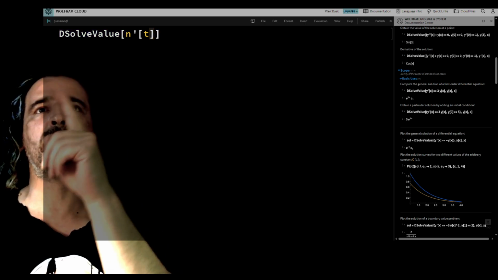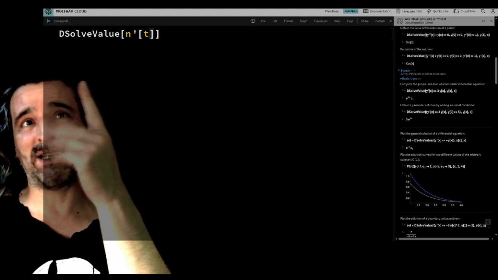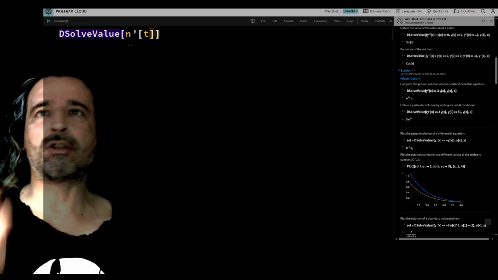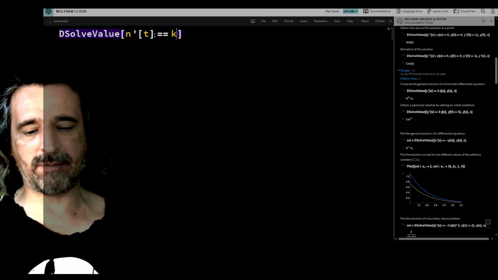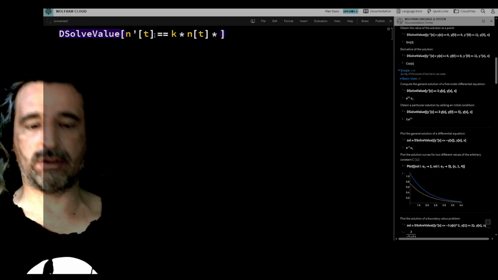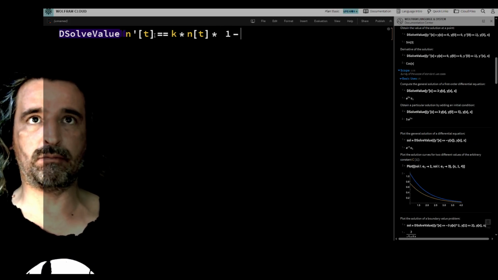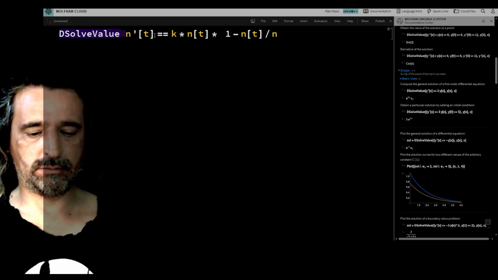So if you see that D is in capital, well, you have to put it in capital. It cannot be like whatever you want. It has to follow a strict rule. Now this is k times N of t. And if you recall the logistic equation, that's multiplied by 1 minus N of t divided by N naught.